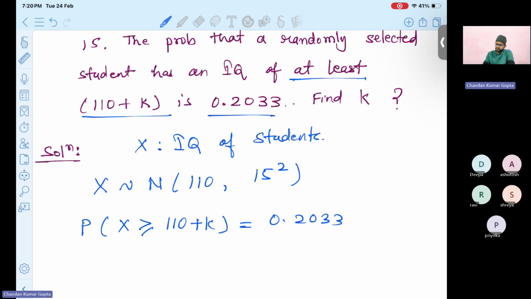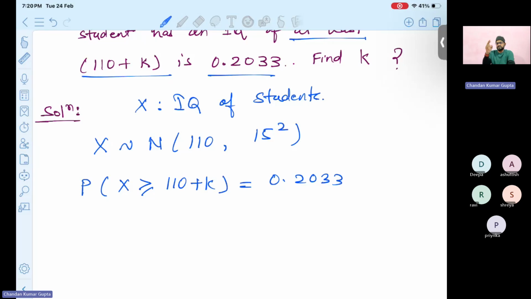Now we have a table like this, right? From 0 up to the point z. So we can write it like this. Let me first standardize the value so that it's simpler for us.